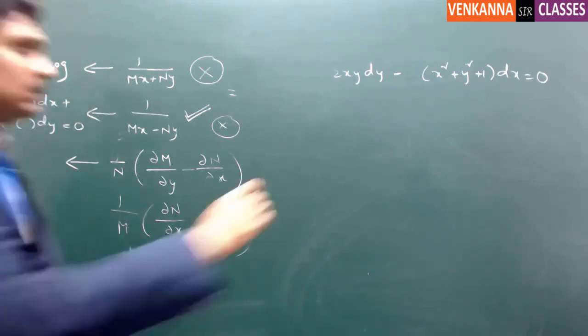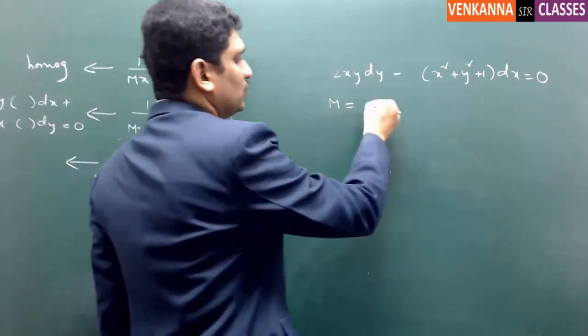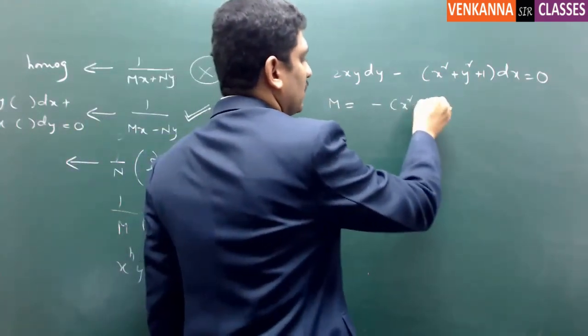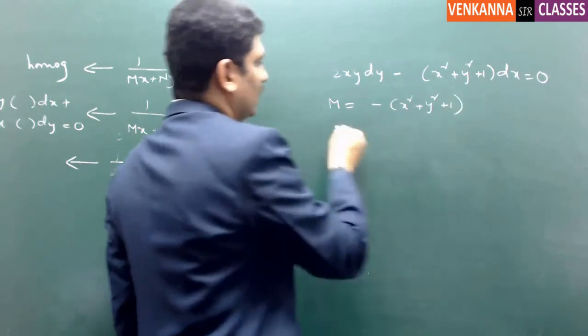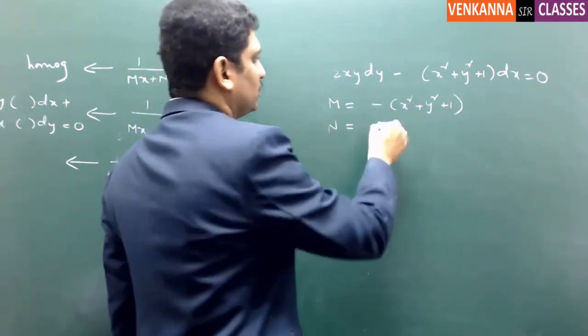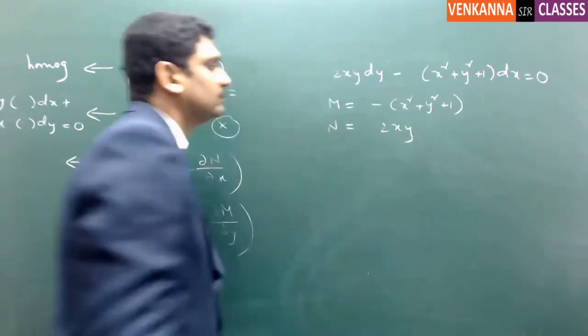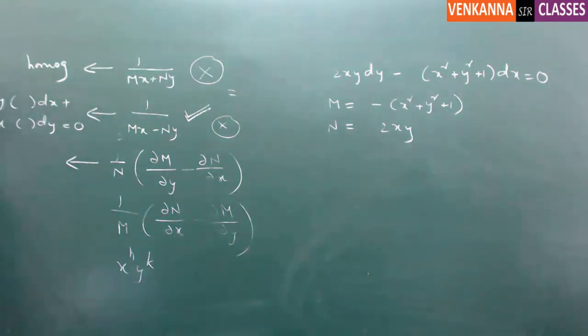So here M equals minus of x square plus y square plus 1 and N is equal to 2xy. And it is evident that the given equation is not exact. Accepted?